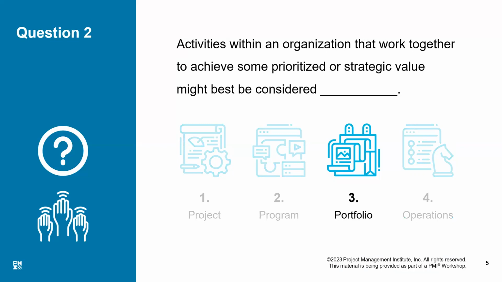You see why it's portfolio: strategic value, strategic, because it aligns with organizational objectives and prioritization. Portfolio deals with prioritization, selection of what has to be done and what should not be done. How many projects should be vetted in and some that should not be, and whatever operations. So portfolio is to choose the right project, the right program, the right operations to meet strategic objectives of the organization, which is delivering value. See why it's portfolio?